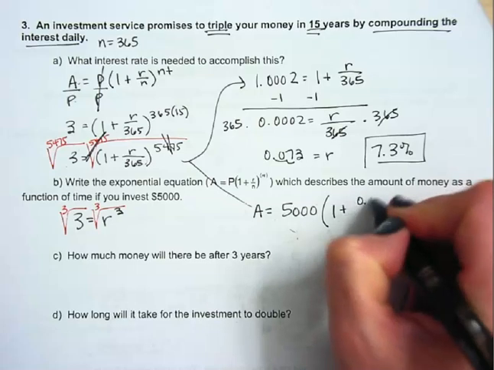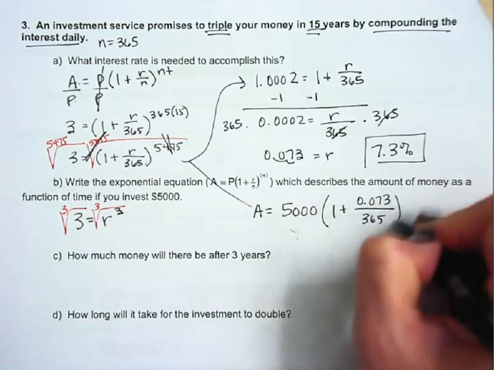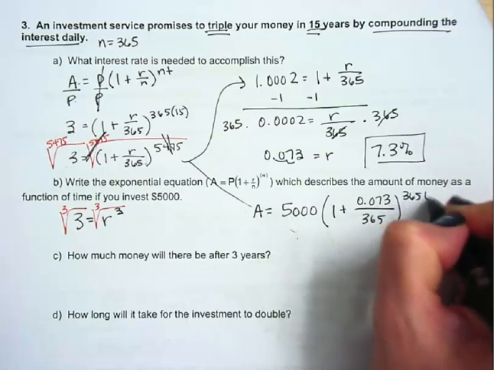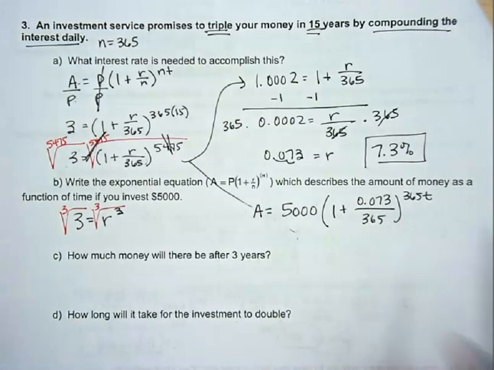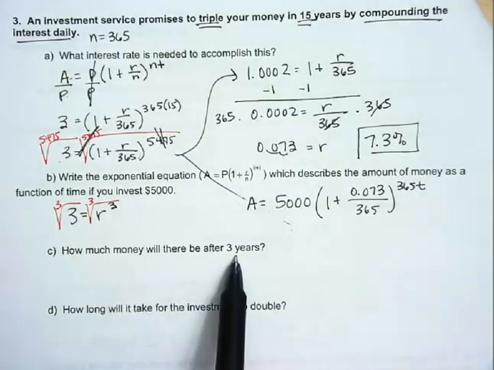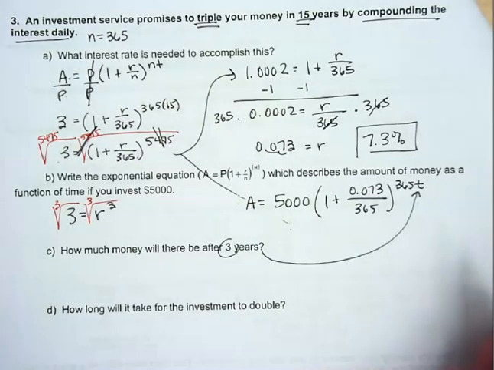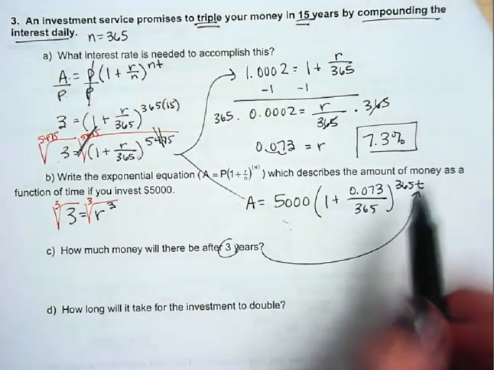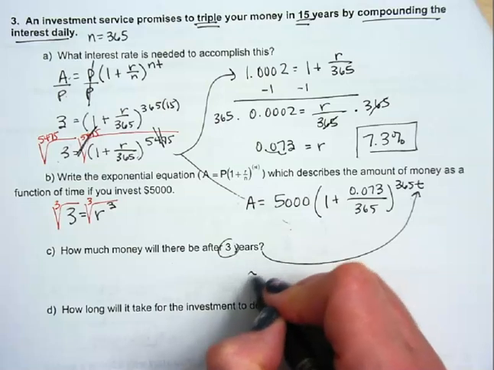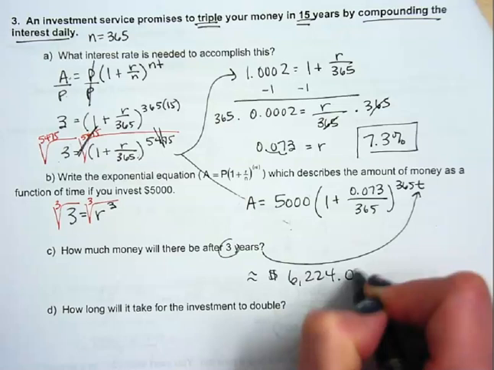The rate is 0.073, n is 365, and t is going back to just being a regular variable. How much money will there be after 3 years? Plug 3 in for t, and then just throw all of that into the calculator, and you should get approximately $6,224.02.